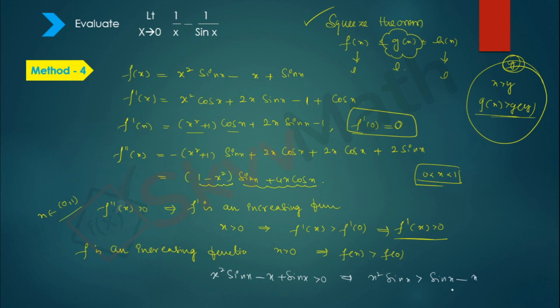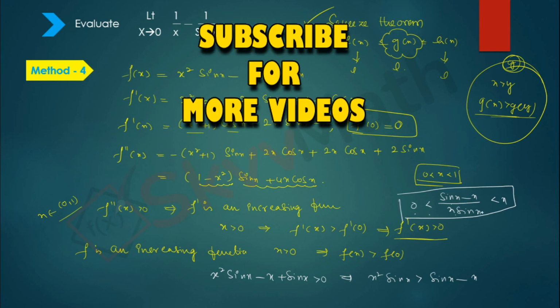Now you divide by x sin x on both sides. What are you going to get? (sin x minus x) by (x sin x) is less than x, but this is more than 0. So I got the inequality: 0 is less than (sin x minus x) by (x sin x) is less than x.